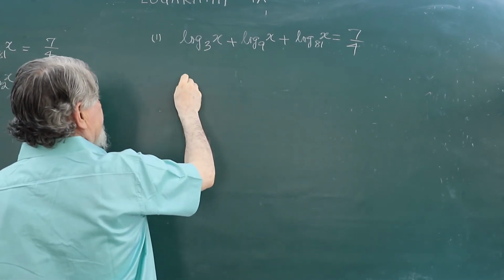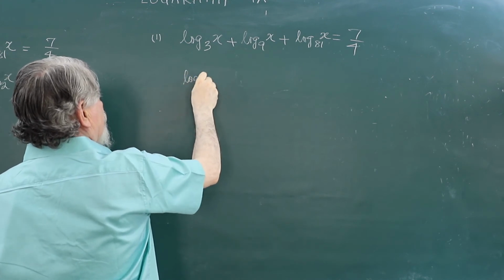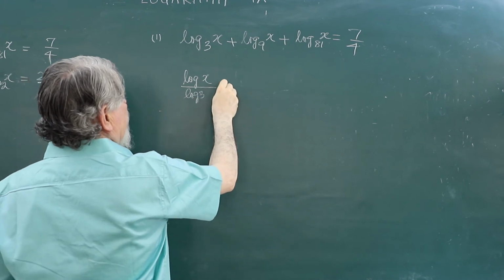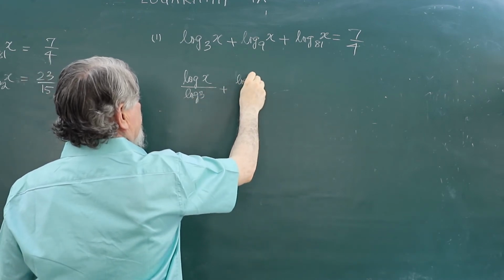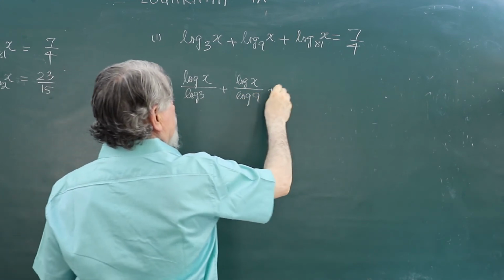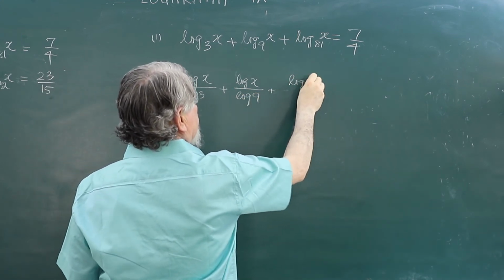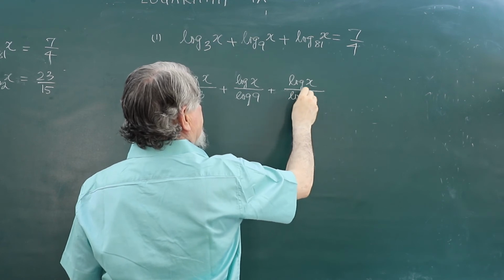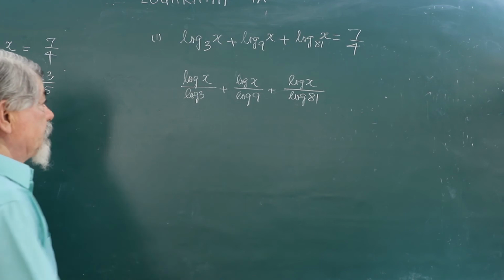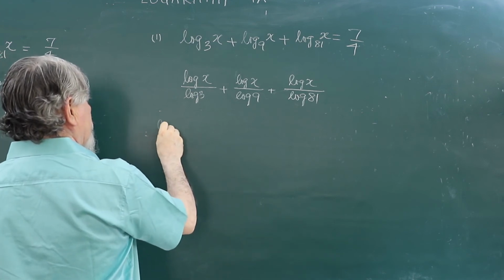Left hand side, if I take log x upon log 3, I can write, plus log x upon log 9, plus log x upon log 81. In all these things, you can see log x is common.